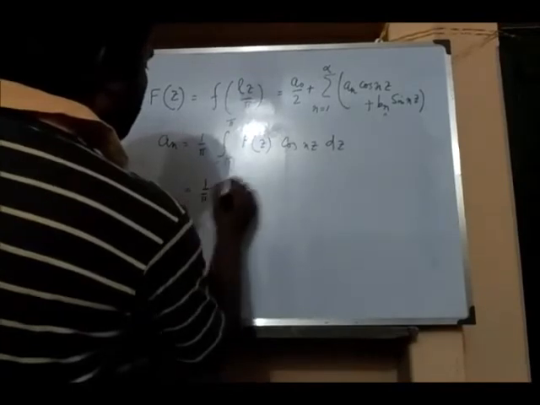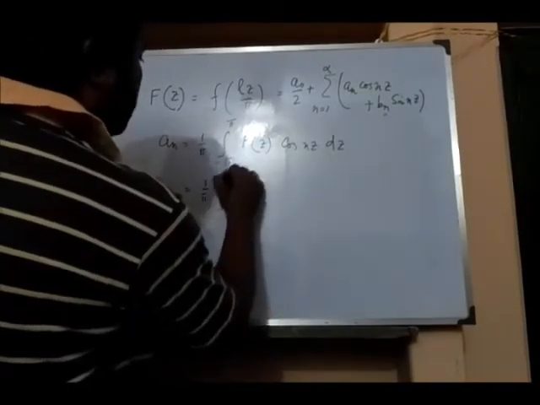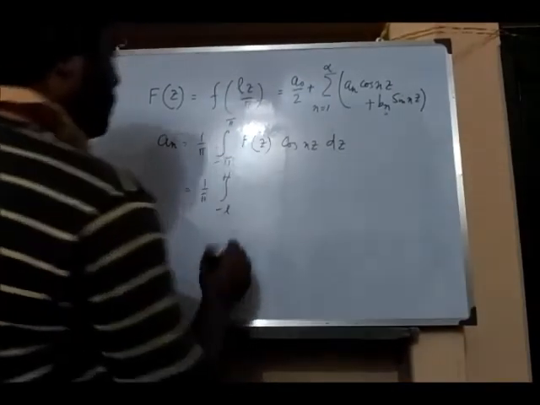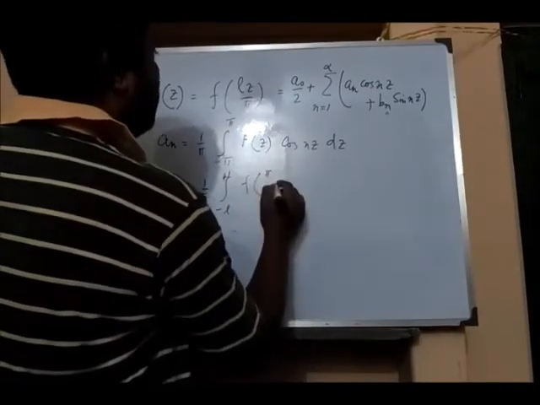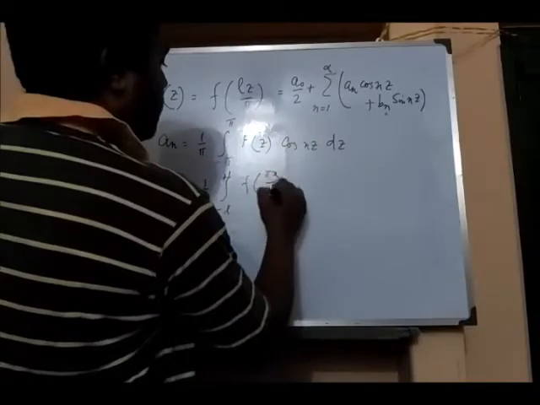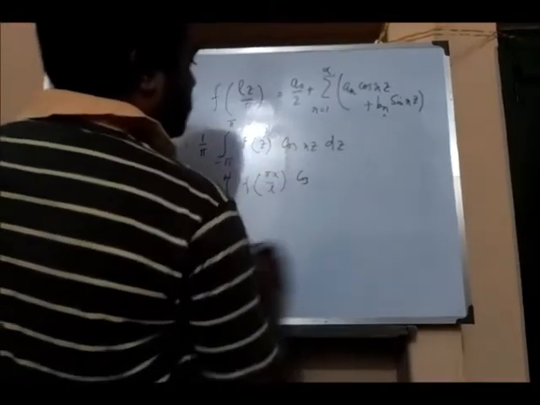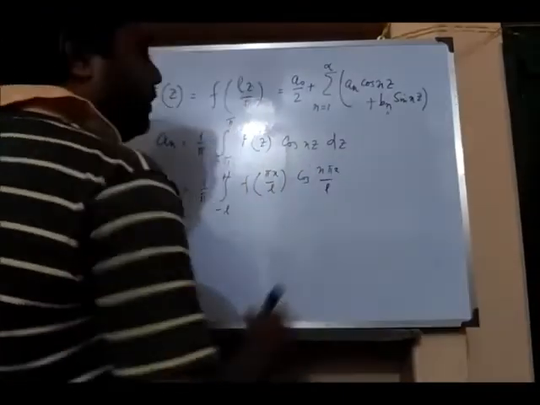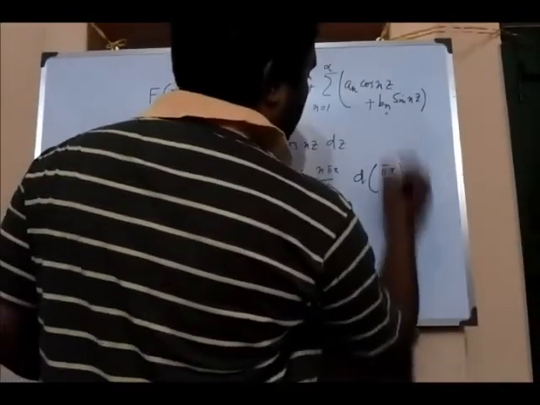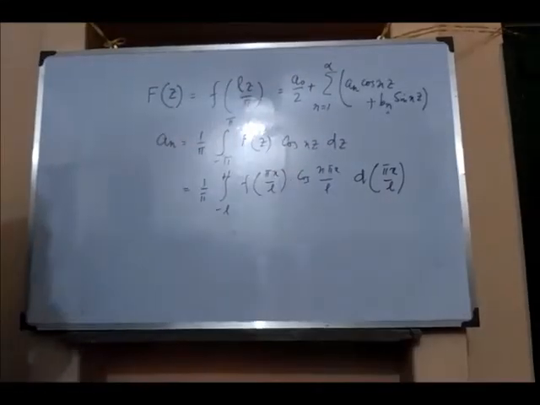This is 1 upon pi, integral from minus L to plus L. You have to change this function, so this will be f(x) cos n pi x by L, with dz.